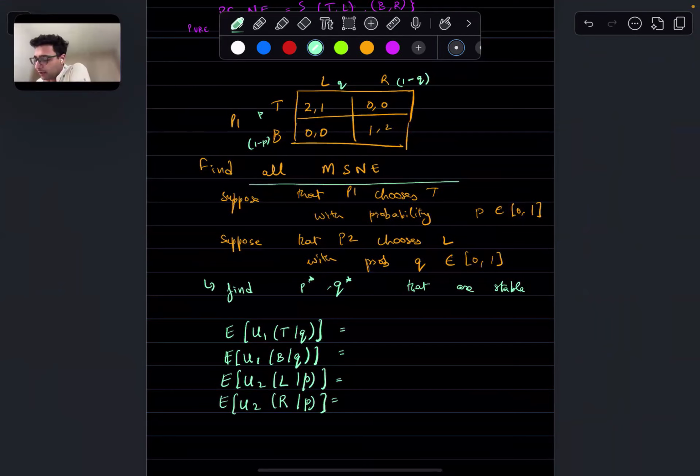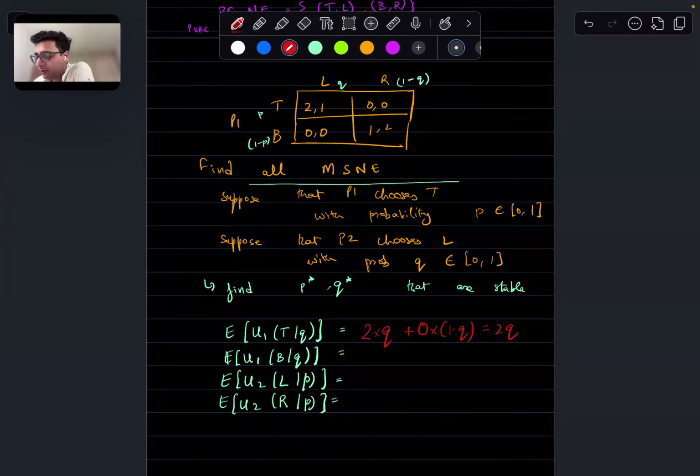So for player one, when player one chooses T, player one is taking this Q as given. Okay. So player one gets this value 2 with the probability Q, and this value 0 with the probability 1 minus Q. So it is 2 times Q plus 0 times 1 minus Q, which is 2Q.